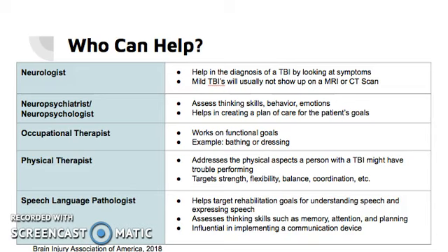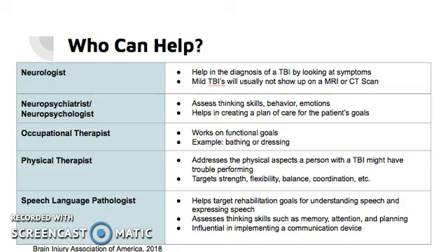However, a mild traumatic brain injury will not usually show up on a CT or an MRI scan. Also, a neuropsychiatrist or a neuropsychologist. These professionals can help an individual with a TBI by testing thinking skills, behavior, and emotions, and doing a complete evaluation to see what's important for creating the plan of care for the patient's goals.